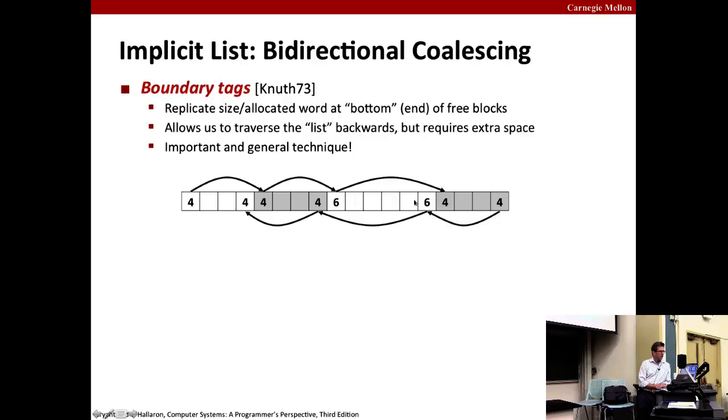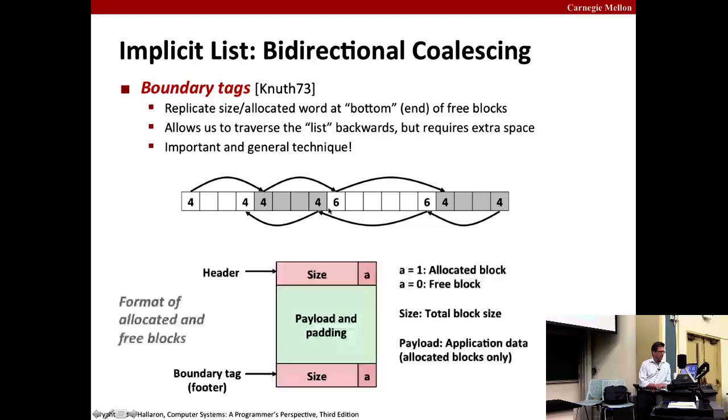So now, given some block that we want to free, the size of the previous block will be just one word previous in memory, always at a fixed offset of one word. So given a pointer to the header of this block, we can look one word back to see the size and the allocation status of the previous block.